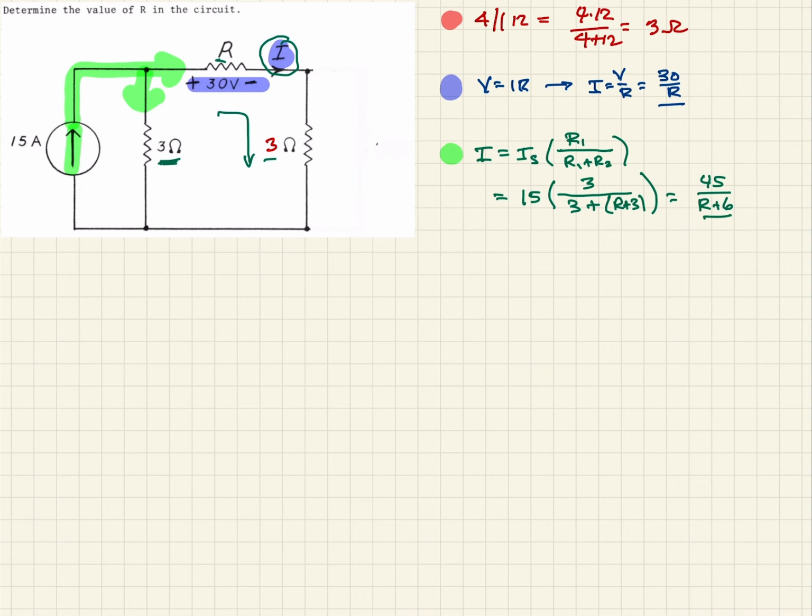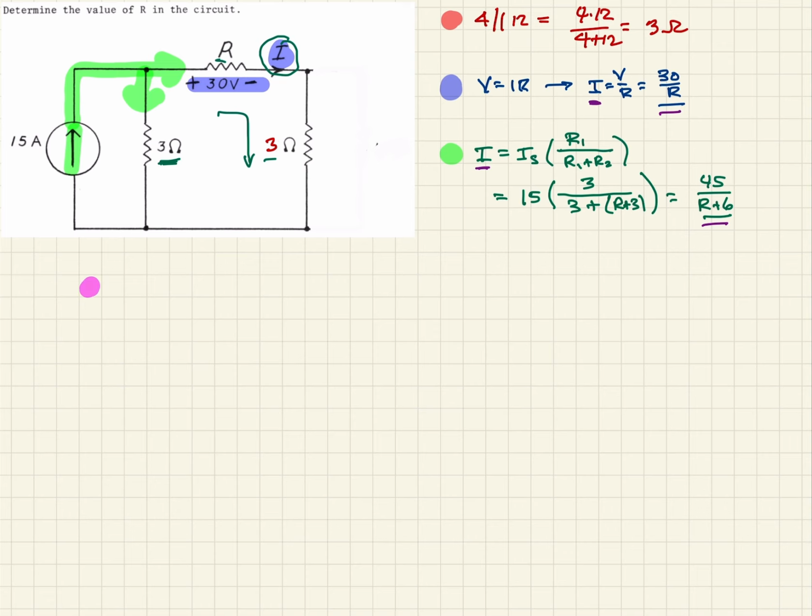Okay, so now we should notice that we have two different expressions for I. Here we have I is equal to 30 over R, and here we have I is equal to 45 over R plus 6. So that being the case, we should be able to set those two equal to each other.